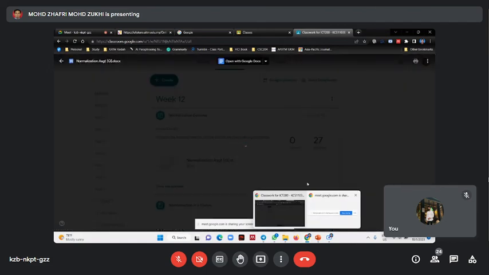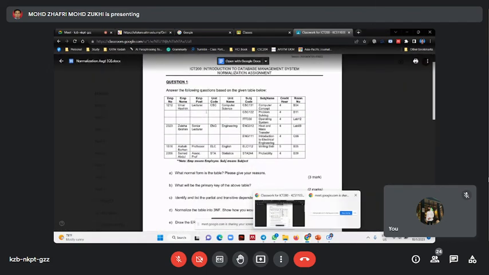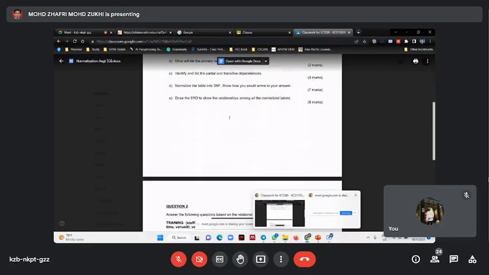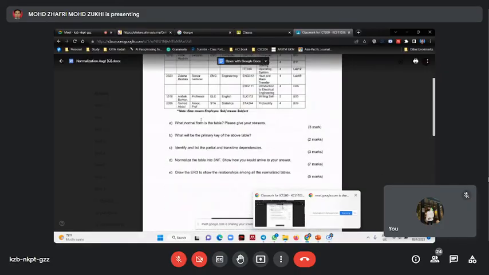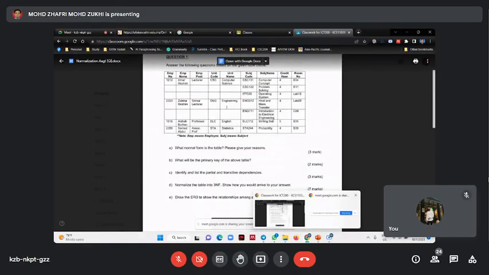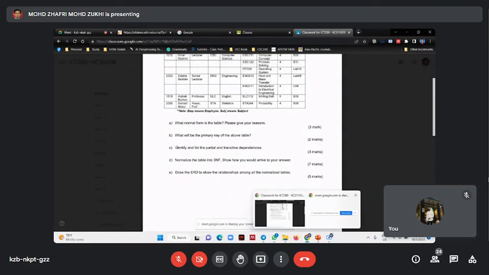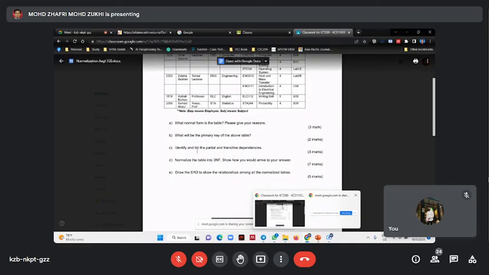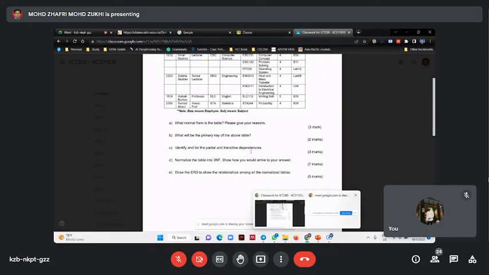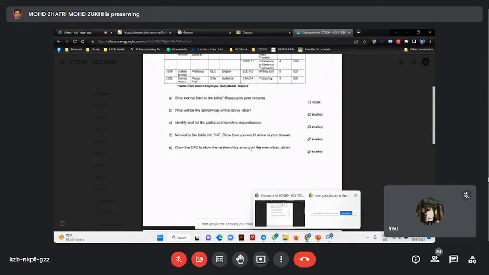Okay, this is the exercise. There are two exercises. Question one, the form of table. And then if you look at the question, okay, this is table, okay. And then the question A, B, C, and D. What normal form is the table? Give your reason. And what will be the primary key of above table? And then identify and list the partial and transitive dependencies, followed by normalize the table into third normalization form.